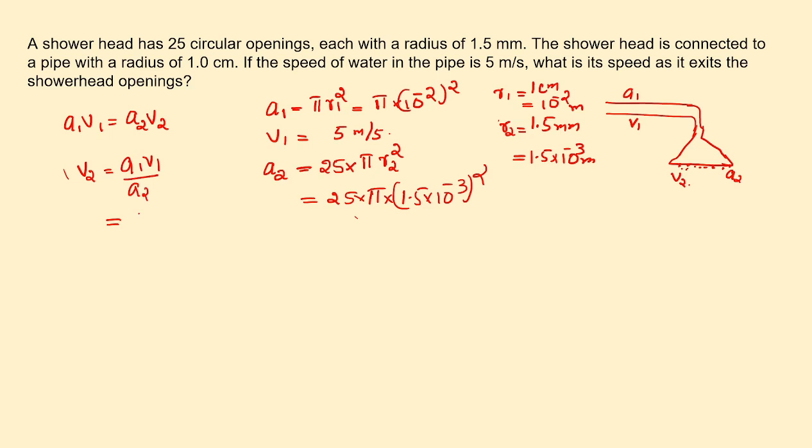A1 is equal to pi into 10 raised to negative 2 whole square. What is V1? V1 is 5 meter per second. And what is A2? A2 is equal to 25 into pi into 1.5 into 10 raised to negative 3 whole square.